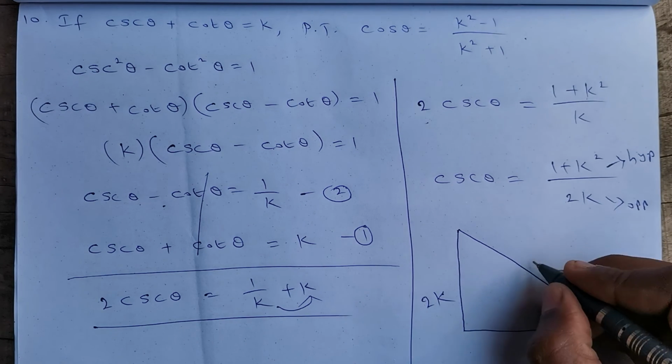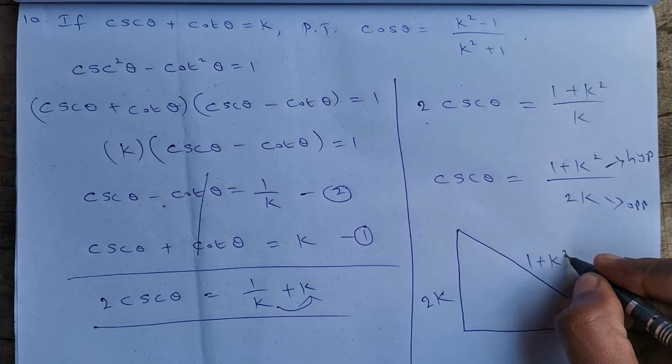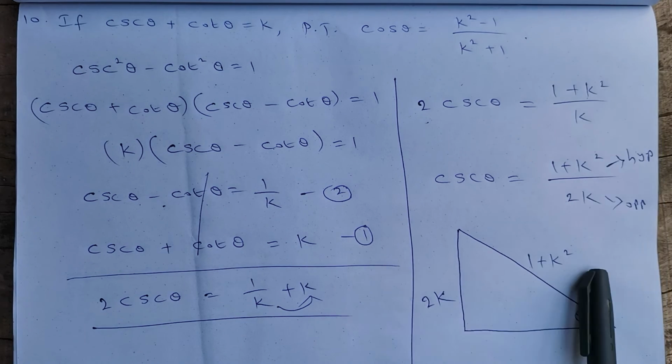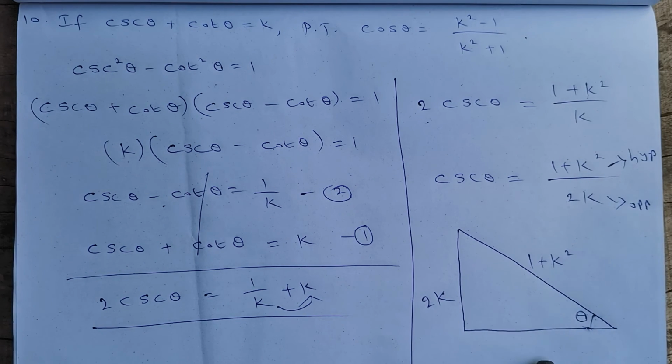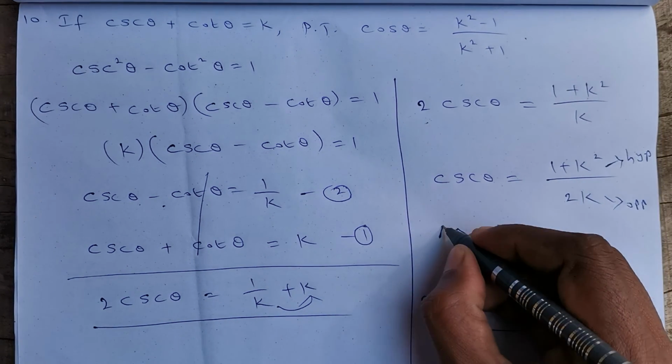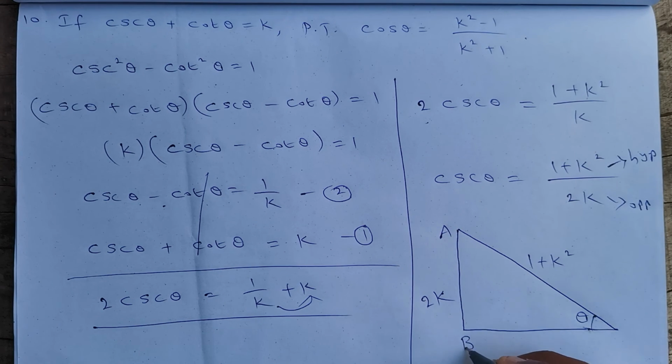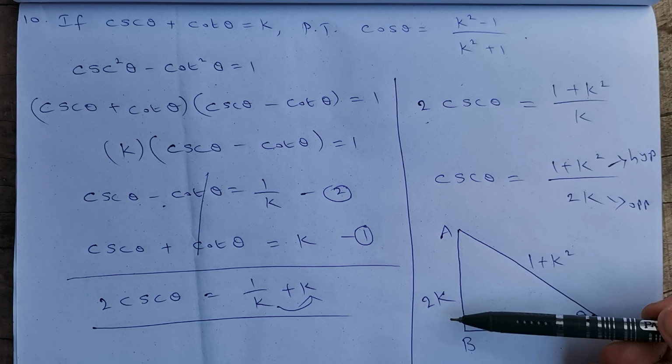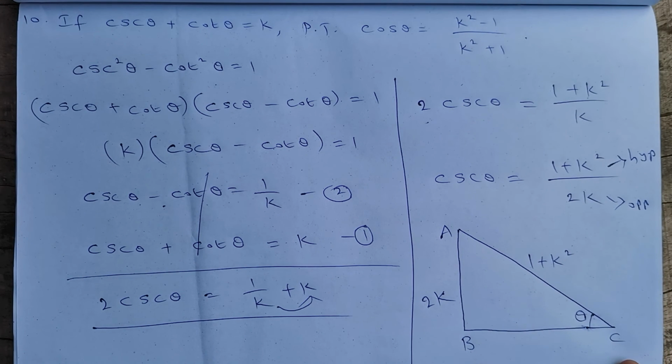And hypotenuse is this one, so that will be 1 plus k square. Now here we have two sides, so we need to find out the third side. Just for our convenience, I am writing it as triangle ABC. Hypotenuse is there and one side is there. We need to find out the third side, that is BC. So I am going to use the Pythagoras theorem.